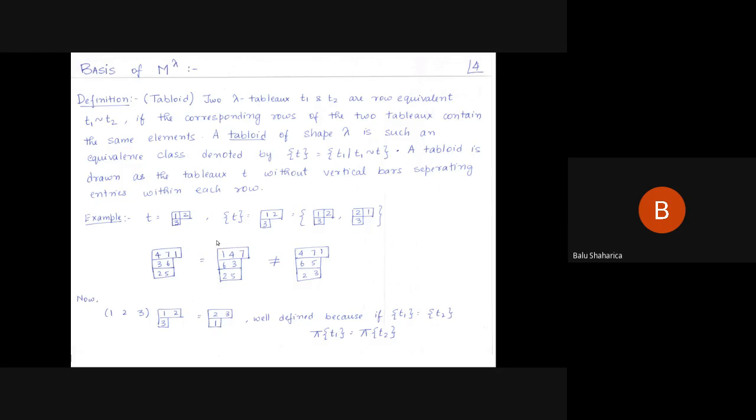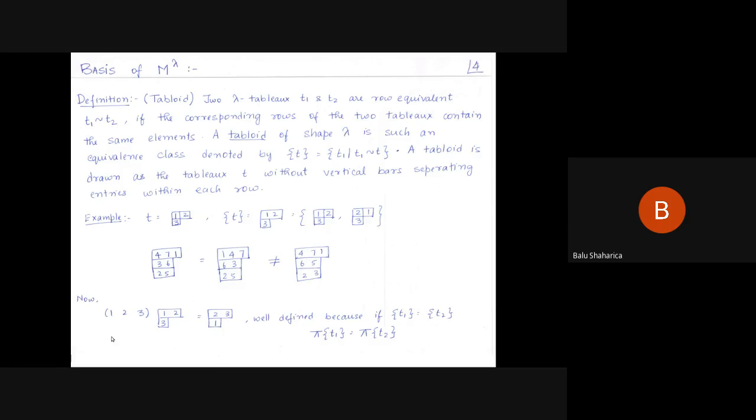Here is an example for this T, which is 1, 2, 3. This is one T which belongs to this tabloid. When you're writing tabloids, you do not put those lines between numbers in the rows, because that's how you denote a tabloid. We also define the action of Sn on these tabloids, so that basically what we will do is say that some form of these tabloids form the basis for M lambda.